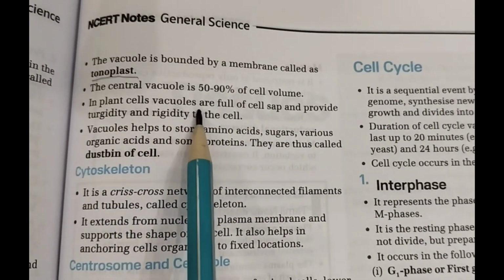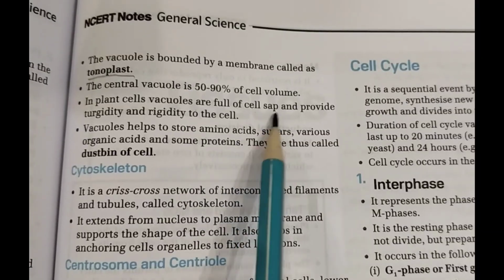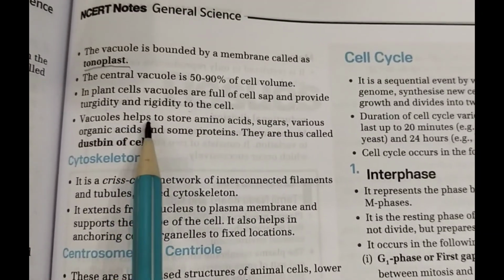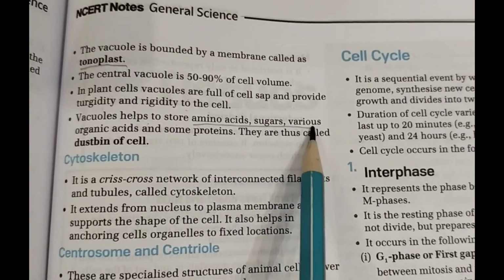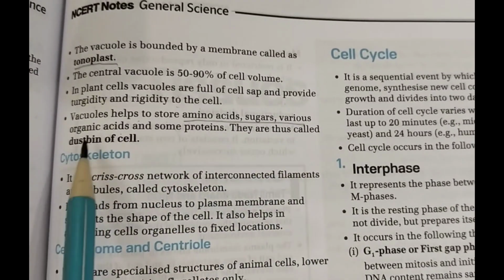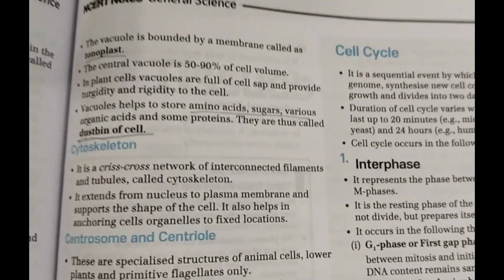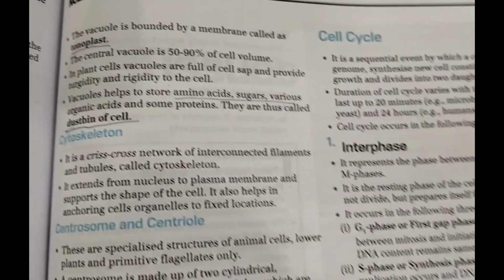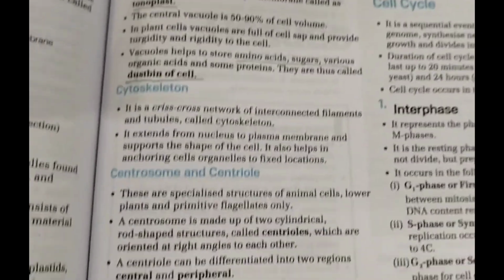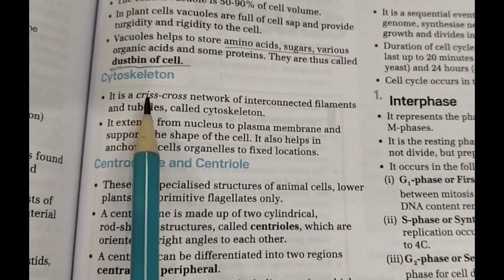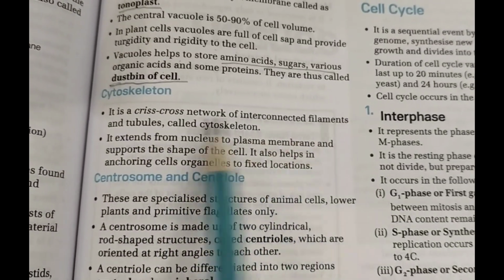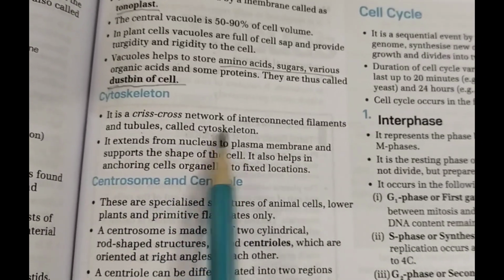In plant cells, vacuoles are full of cell sap and provide turgidity and rigidity to the cell. Vacuoles help to store amino acids, sugar, various organic acids and some proteins. Thus, they are also called the dustbin of cells. सबके अलग अलग रोल हैं, नाम से ही आपको समझ में आएगा. इसको क्या बोलते हैं? वैक्यूल्स को क्या बोलते हैं? डस्टबिन ऑफ सेल्स.